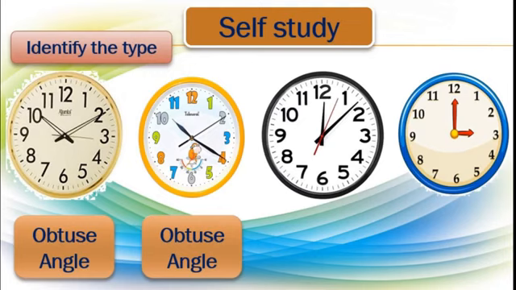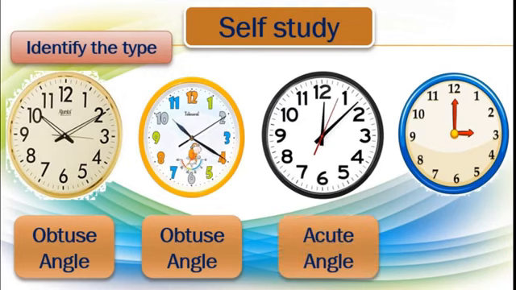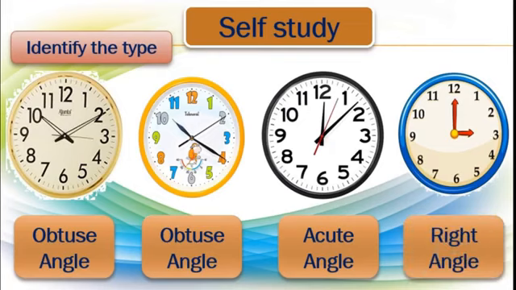Please observe the two hands of the clock. You will come to know. This is less than 90, so it is acute, and this is equal to 90, so it is a right angle. Very good, students. I think you are confirmed with these three types of angles, that is acute, right, and the obtuse angles.